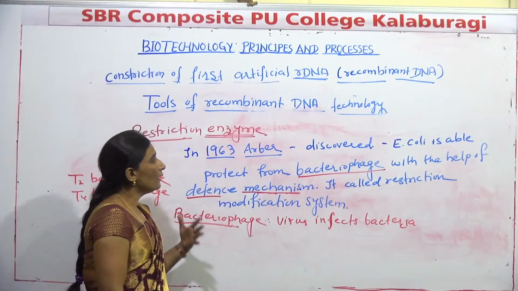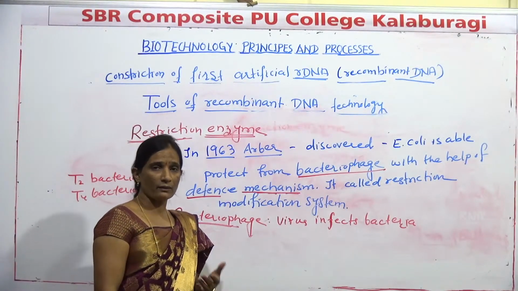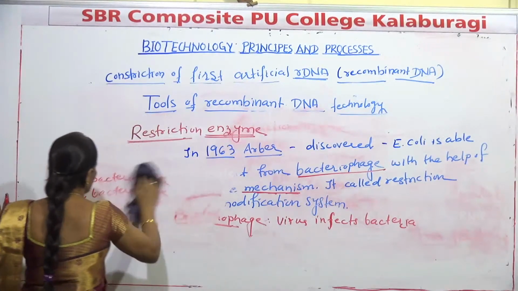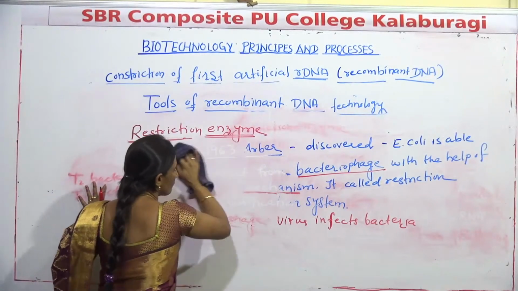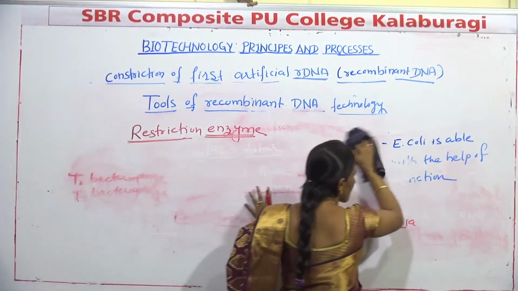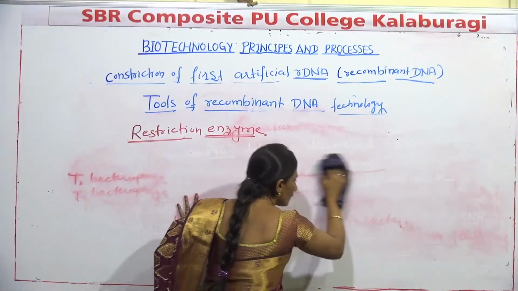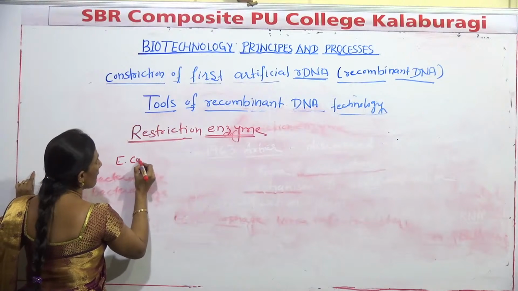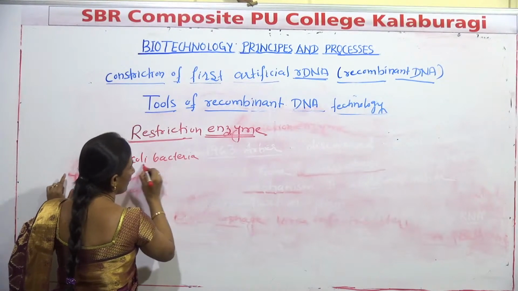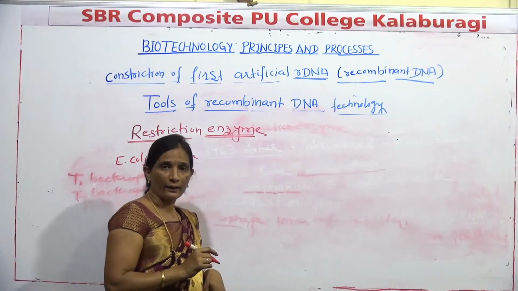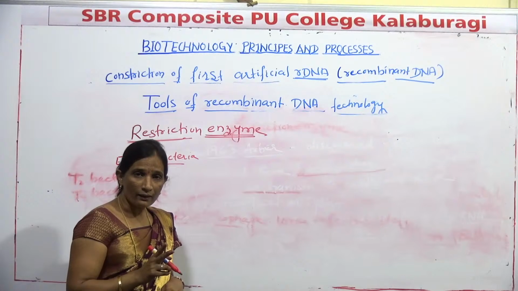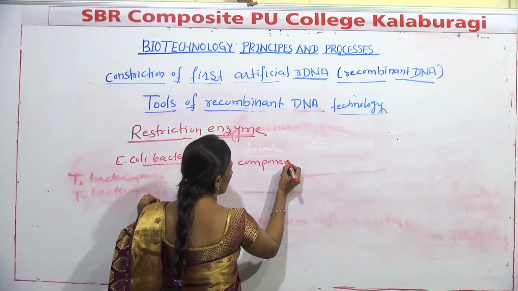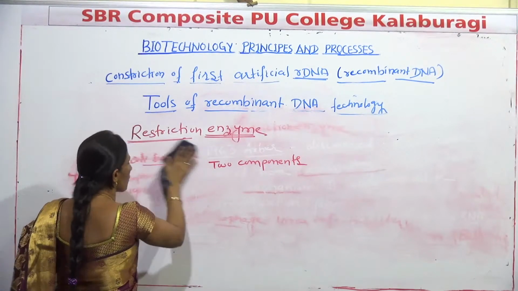How is this E. coli bacteria going to protect itself from the bacteriophage? It contains two components.